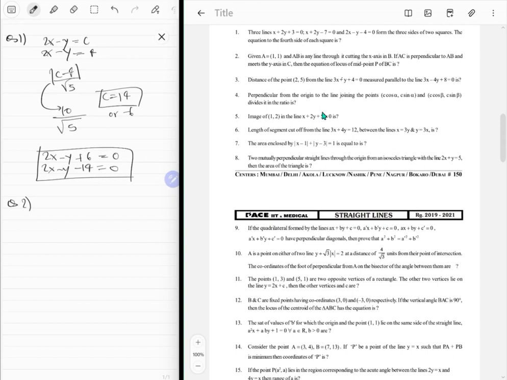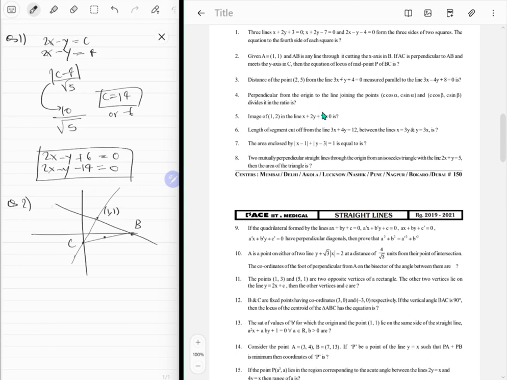AB is any line cutting through the x-axis in B. AC is perpendicular to AB and meets the y-axis in C. AB is any line cutting the x-axis in B. And then AC is something like this, and it's cutting the y-axis at C. Equation of the locus of the midpoint of BC.